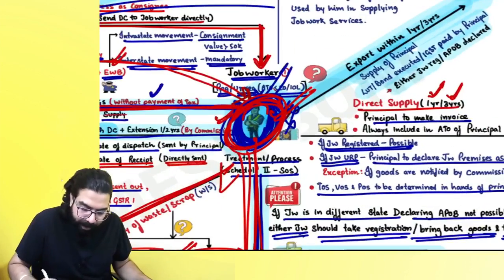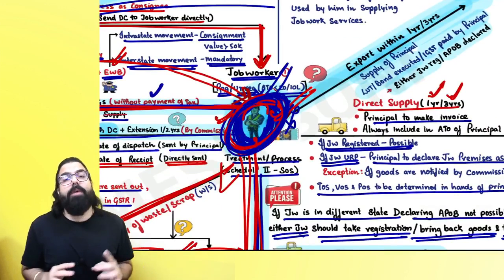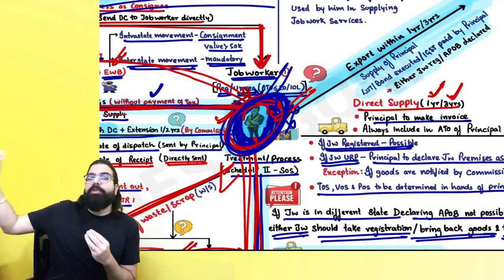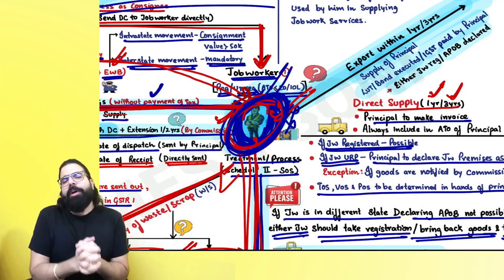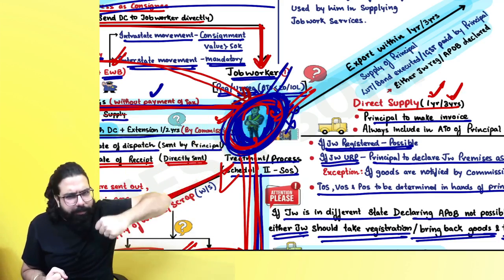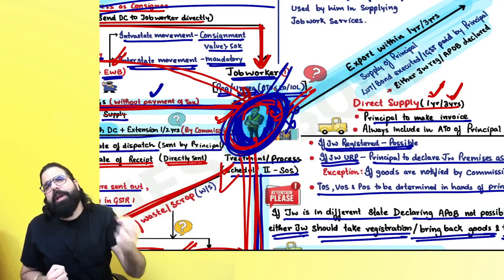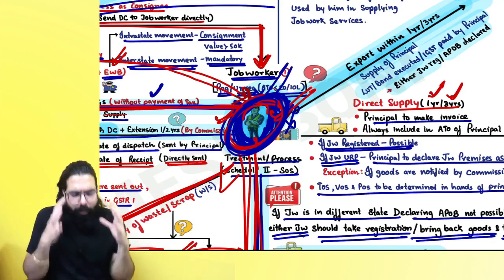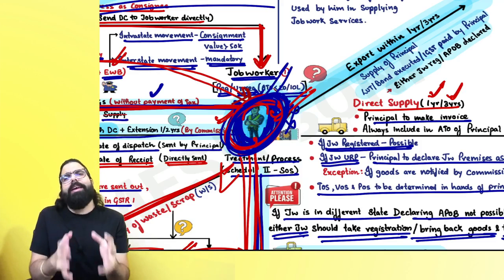Remember one thing. If the job worker is a registered person, you send some clothes to him and he has to dye the clothes. To dye the clothes, he would have bought some goods, taken some services, bought some capital goods. Always remember, credit of inputs, input services and capital goods will be allowed to a job worker if he is buying them to provide the job work services.